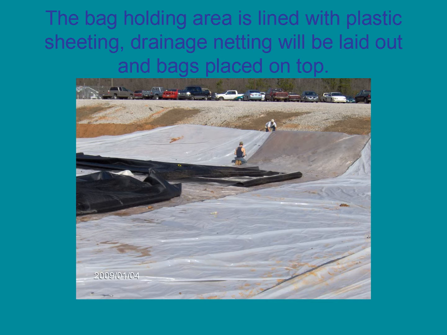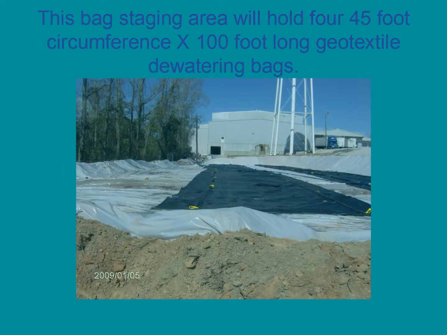The bag staging area is lined with plastic sheeting, drainage netting is laid down, and the bags placed over the netting. The bag staging area will hold 4 45-foot by 100-foot geotextile dewatering bags.